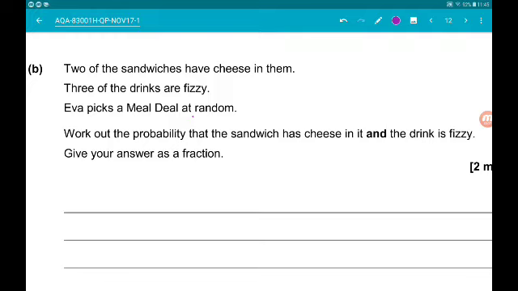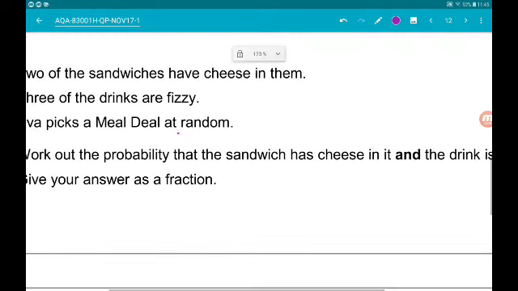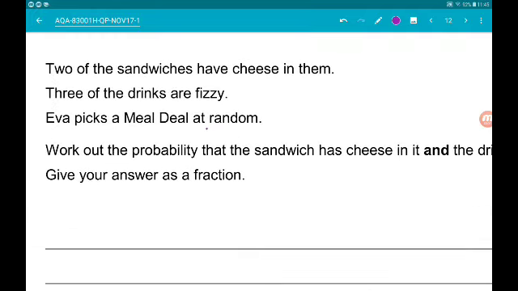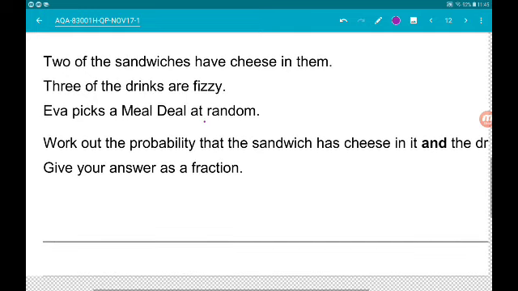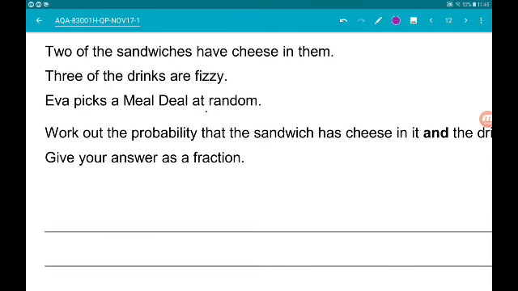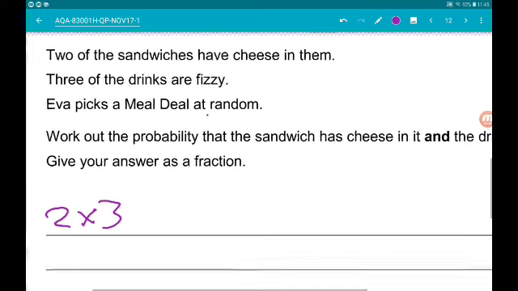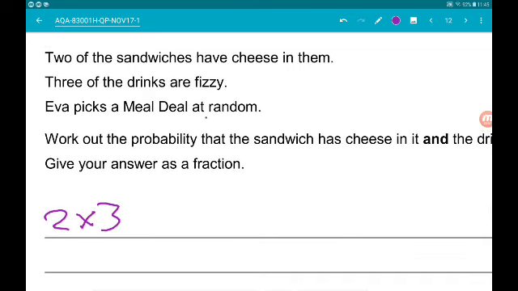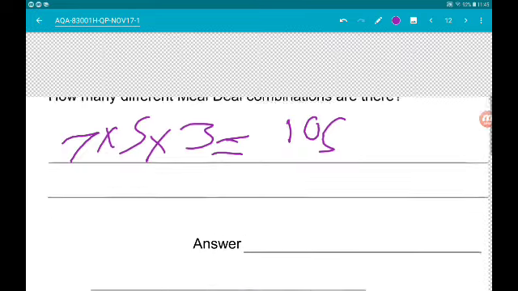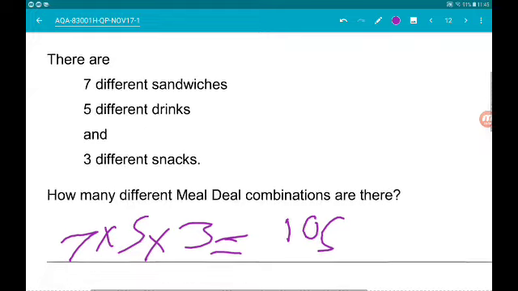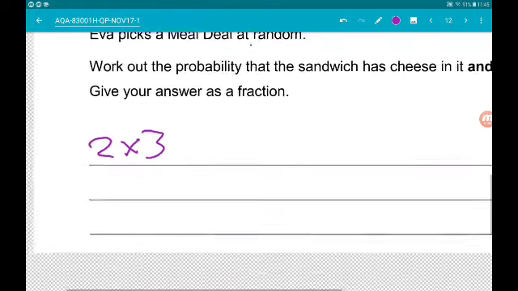So this time we're going to do 2 times 3. 2 is the number of sandwiches with cheese, 3 is the number of fizzy drinks, times the 3 for snacks.